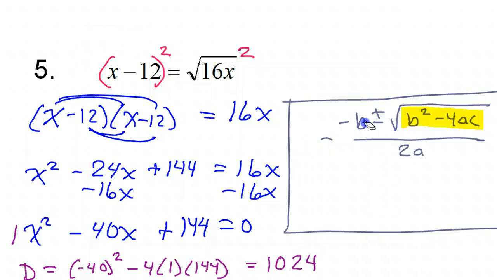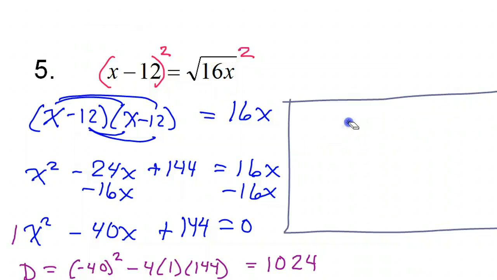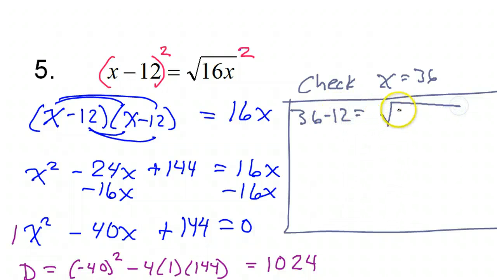Let me just do a check right in this area right here. Okay, so let's check x equals 36. Well, that would make 36 minus 12 is equal to the square root of 16 times 36.